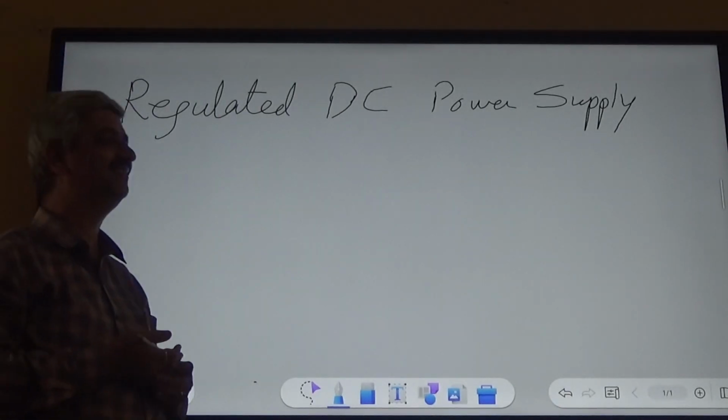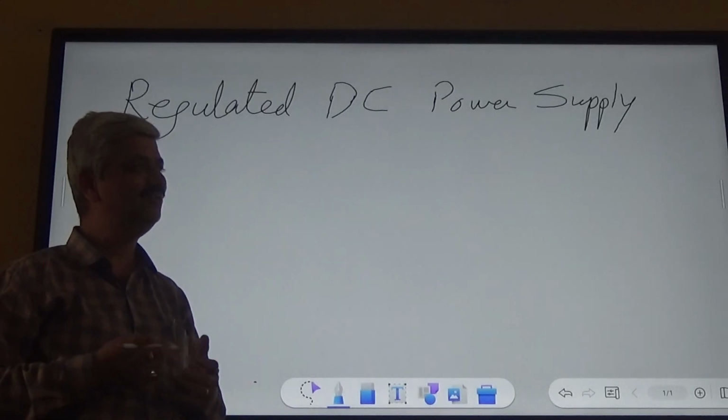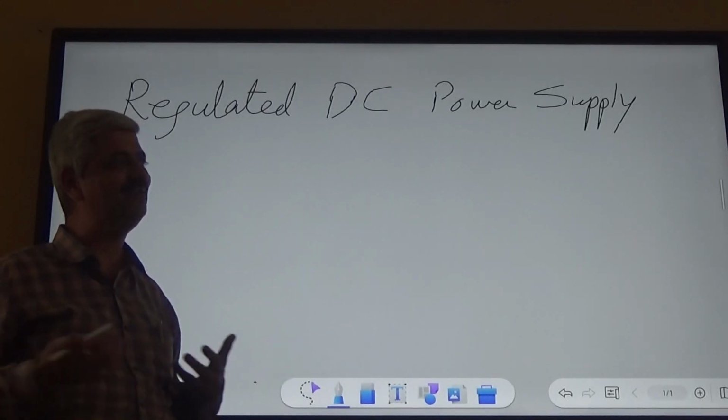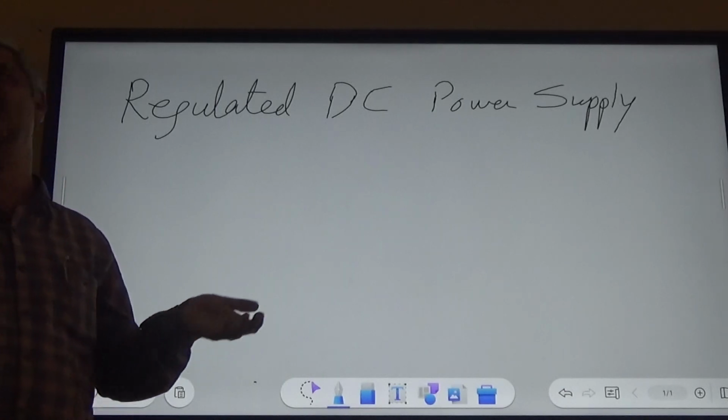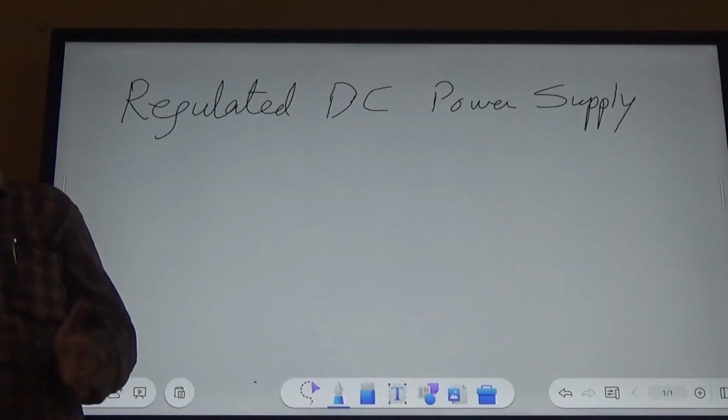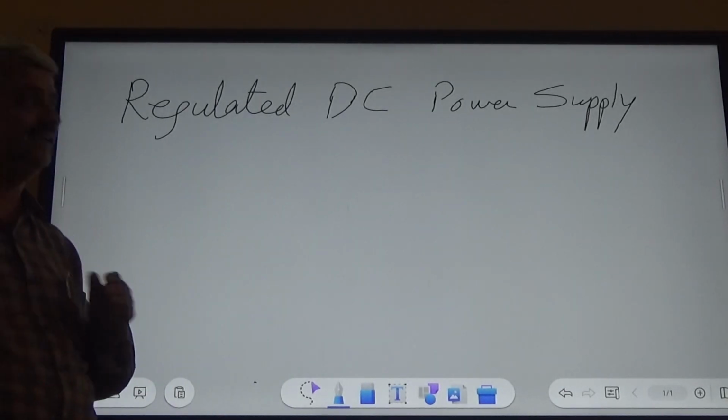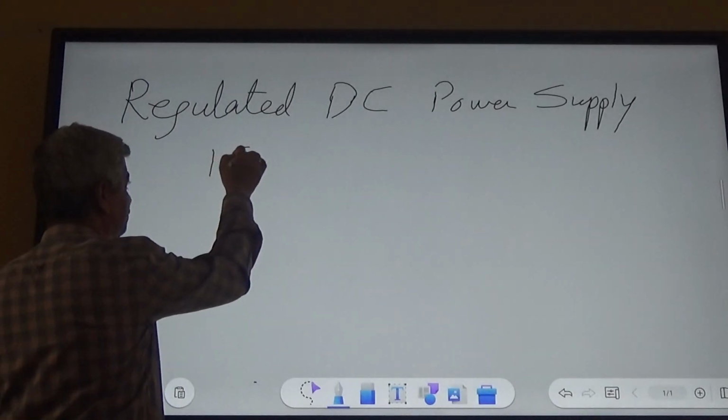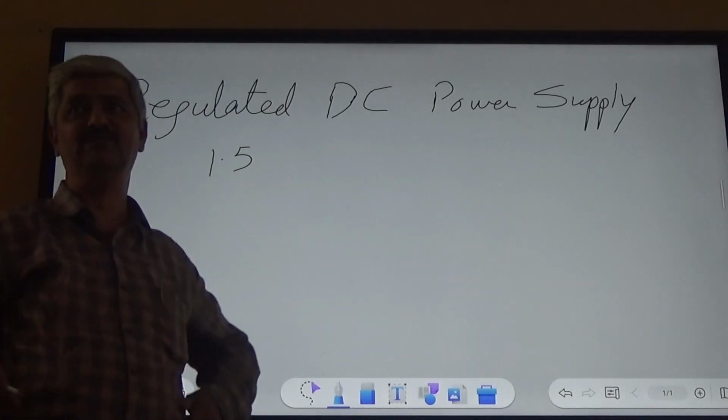Anyway, not knowing it can be a fault of your generation because you have not used it to a large extent. It is 1.5 volts. 1.5 volts.